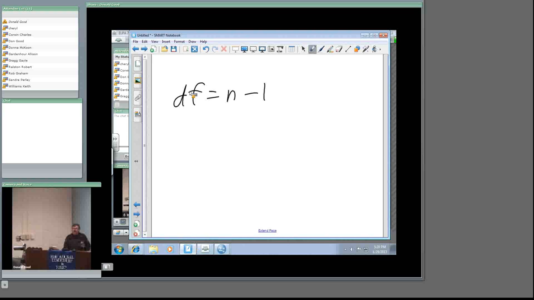I should say for a single distribution, because sometimes you've got more than one, but it's still n minus 1 for each individual distribution. For a single distribution, the degrees of freedom is n minus 1.